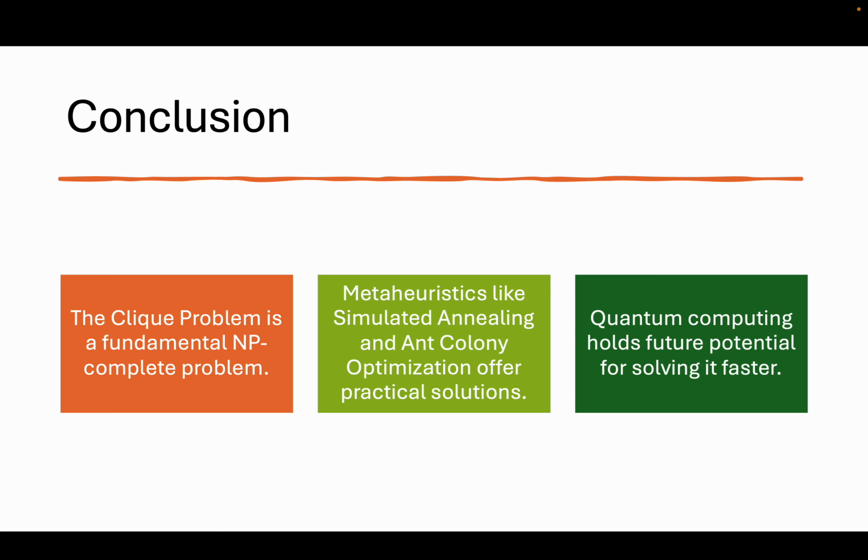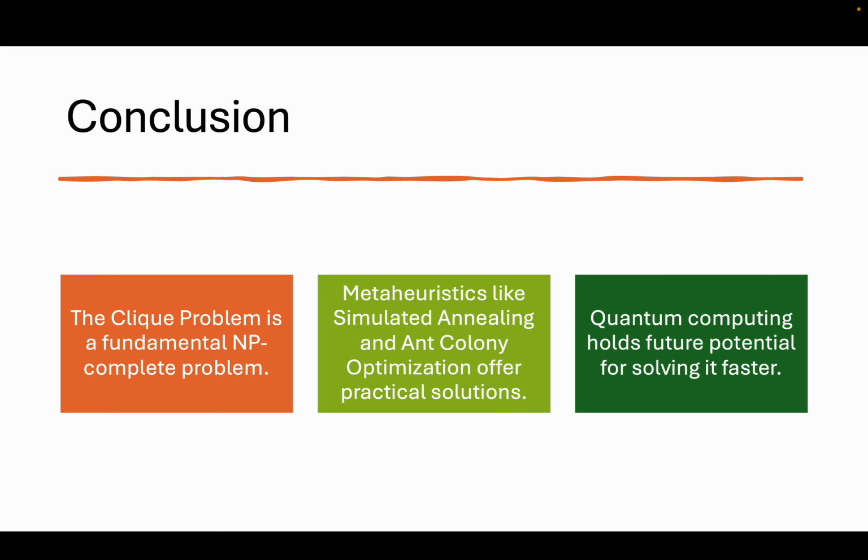So the second conclusion is meta-heuristics like simulated annealing and ant colony optimization offer practical solutions. While finding an exact solution to the clique problem may be challenging, methods like simulated annealing and ant colony optimization provide approximate solutions.